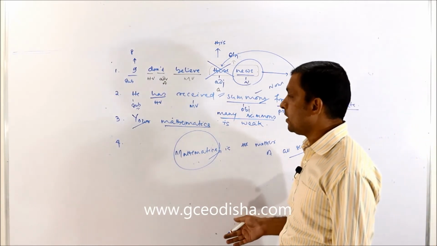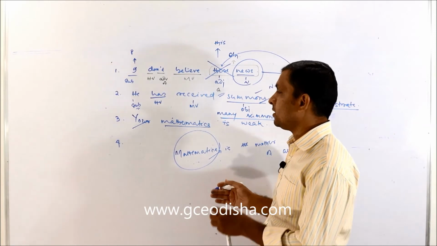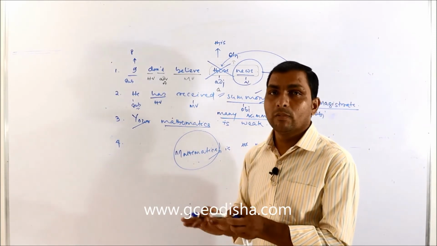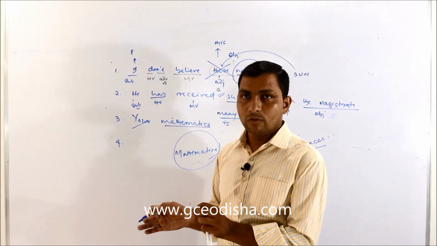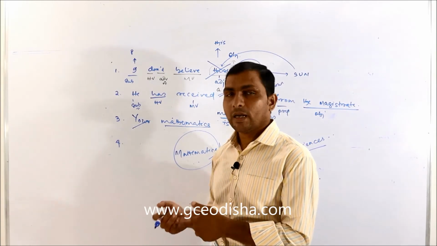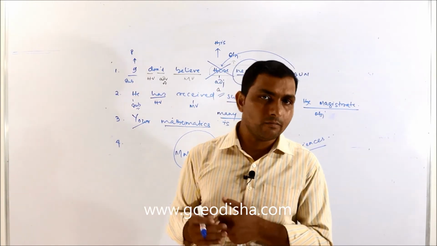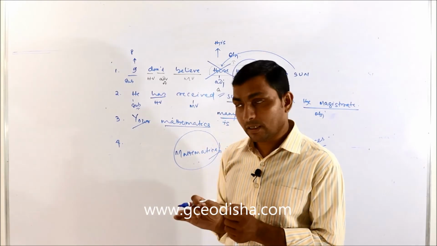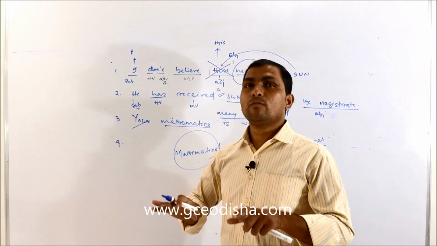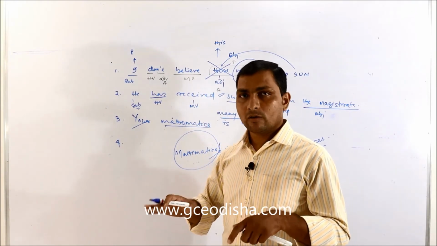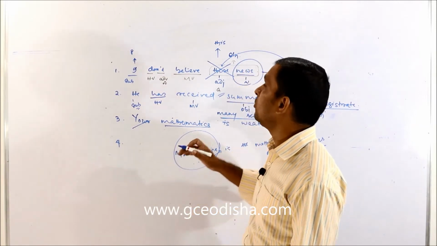But when it is written your mathematics, it means your mathematical abilities, your mathematical skills. Like we can say that politics is a dirty game. It's correct. But his politics are or were well known to all.